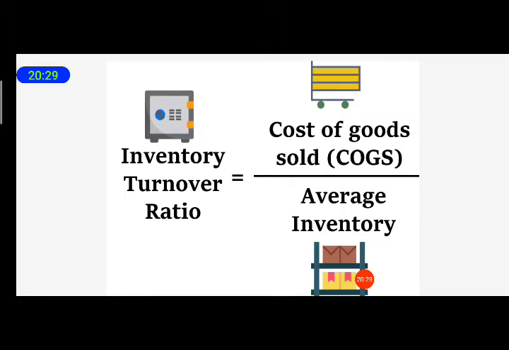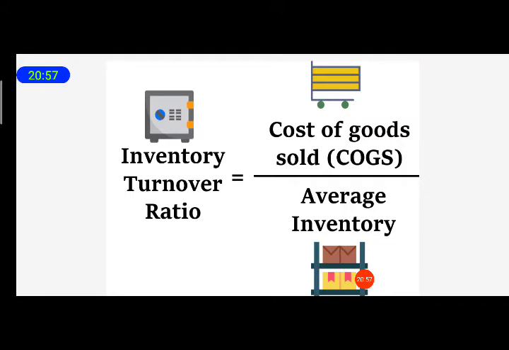This ratio indicates whether the inventory has been efficiently used or not. The purpose is to check whether only the required minimum capital has been locked up in inventory. This is called the inventory turnover ratio.